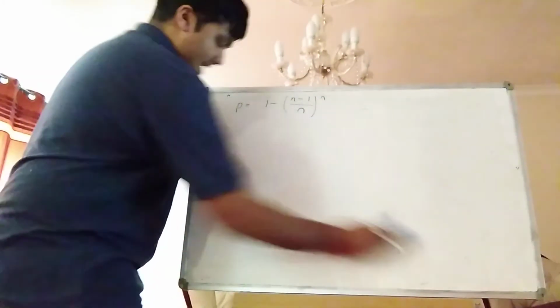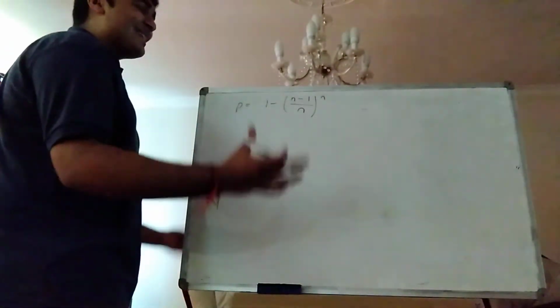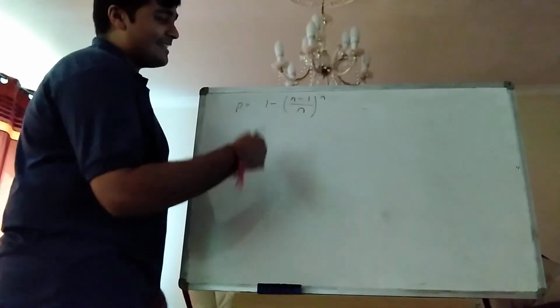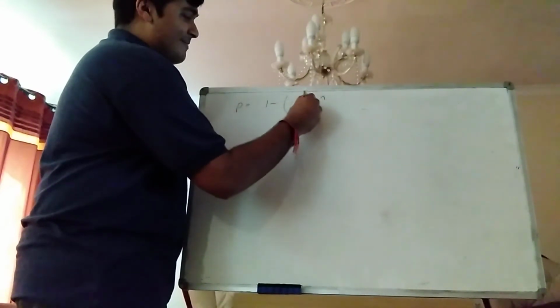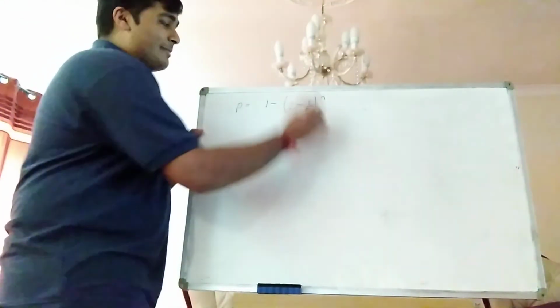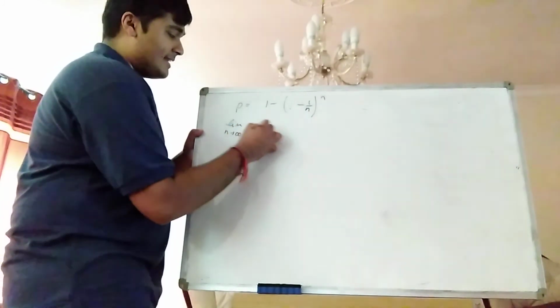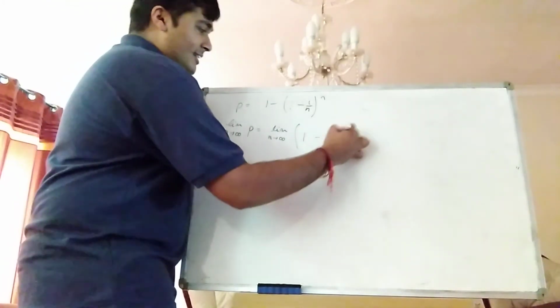Okay, and we want to know the limit as n goes to infinity of this expression here, and we can just rewrite this thing here as 1 minus 1 over n, and this is a very standard limit, so let's work it out. The limit as n goes to infinity of both sides, that's the limit as n goes to infinity of the right hand side.